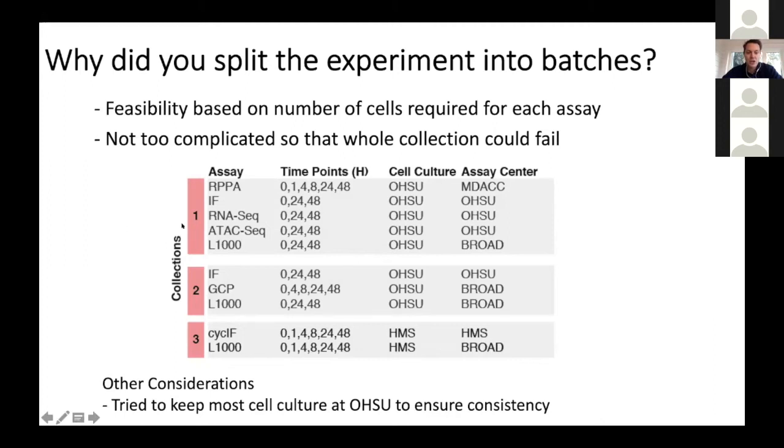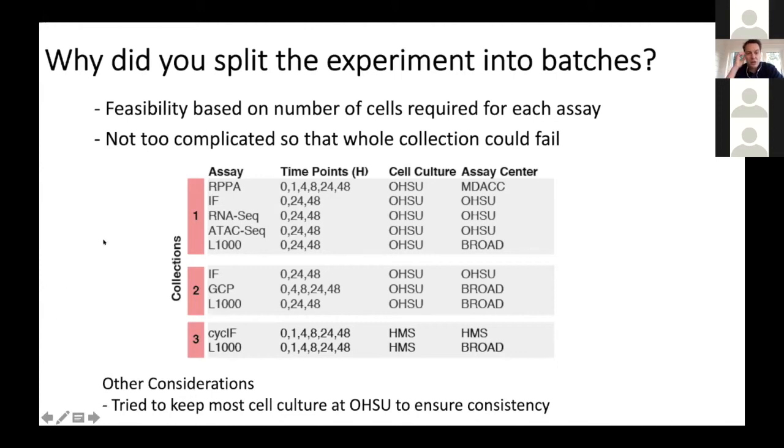In addition, we weren't able to collect all these samples at a single collection because of the number of cells that are required for each different assay. Specifically, the GCP requires a large number of cells, whereas some of the other assays you can get by with relatively few.